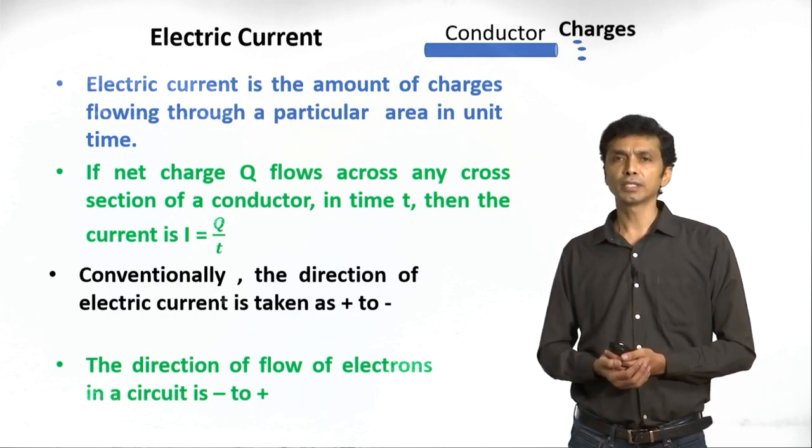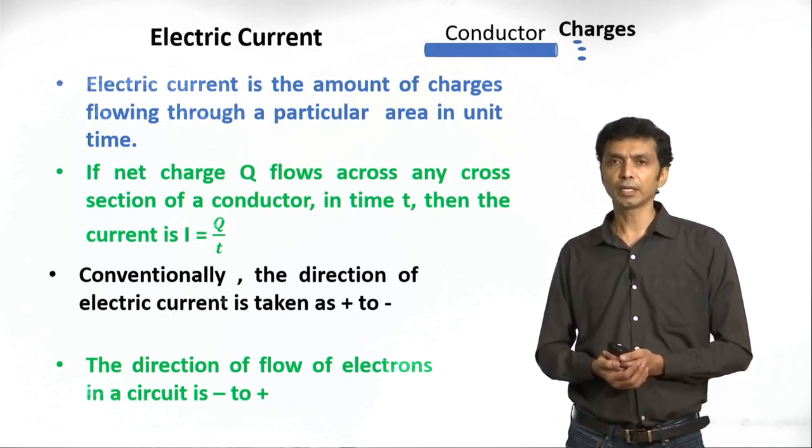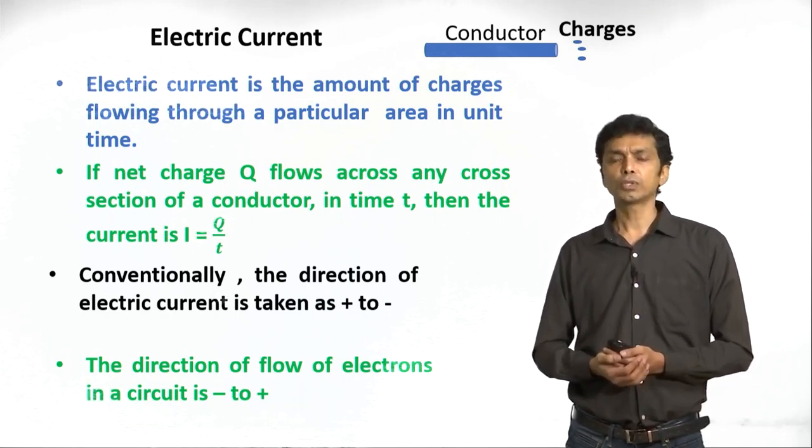We calculate the electric current by using the formula I is equal to Q by T, where Q is the total number of charges and T is the time.